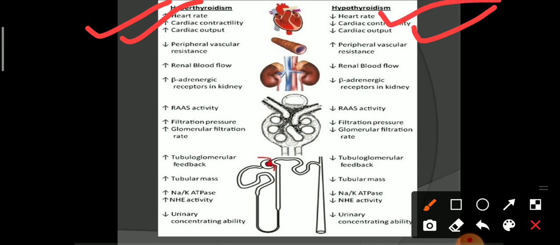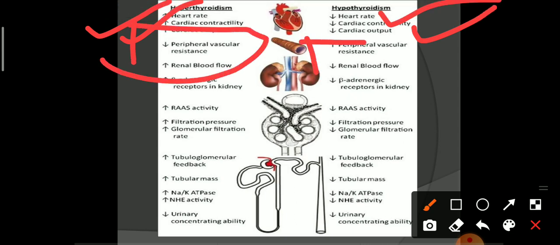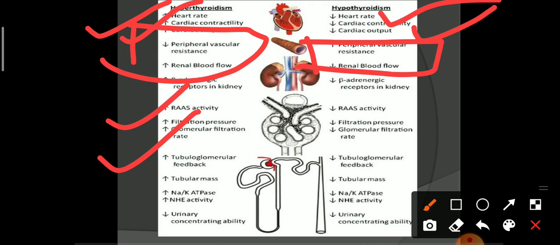The main difference is that in hyperthyroidism peripheral vascular resistance decreases, whereas in hypothyroidism it increases. In hyper, RAS activity and tubuloglomerular feedback increase, while in hypo there is a decrease in filtration rate and RAS activity. In hyper everything is increased except peripheral vascular resistance; in hypo everything is decreased except peripheral vascular resistance.